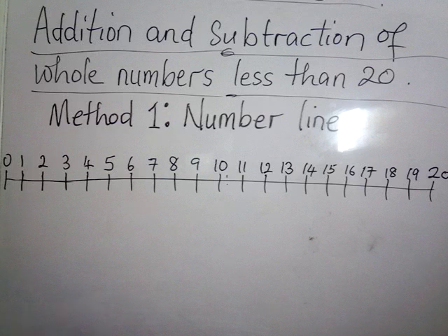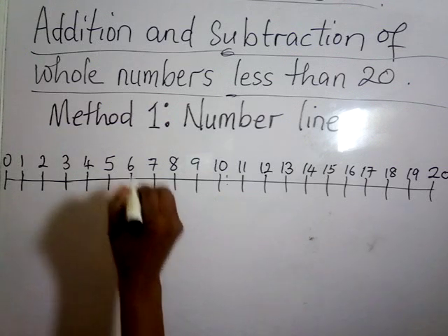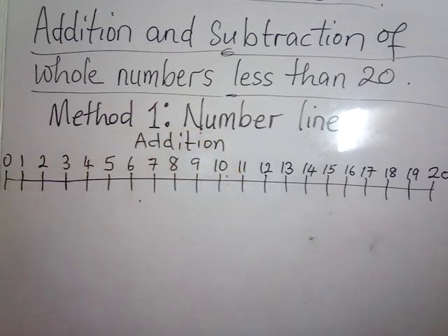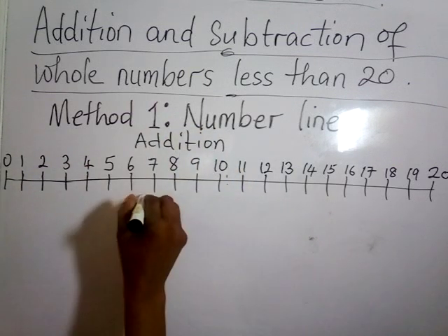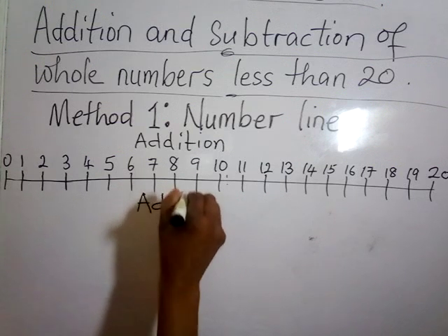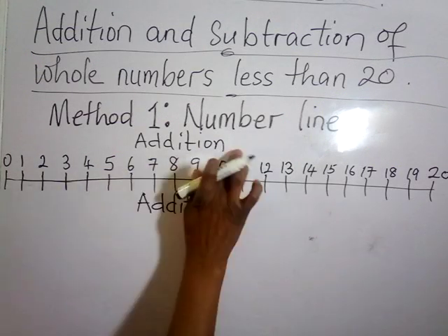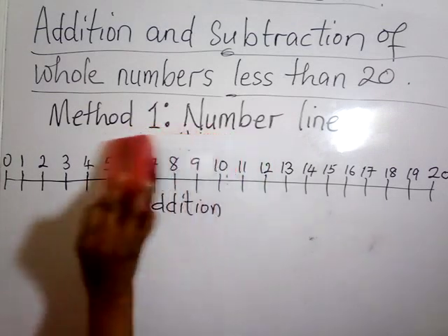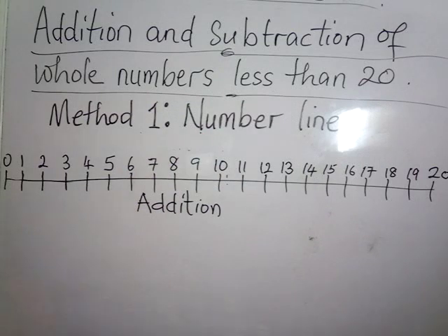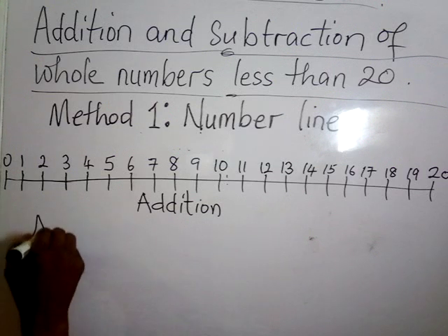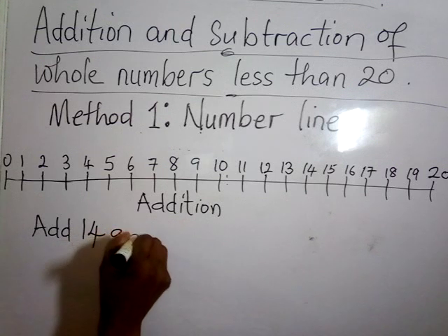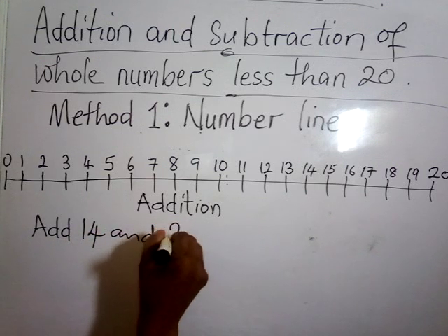So how do you use a number line to add? First of all, for addition, let's see how it works. Assuming we have two numbers, let's say add 14 and 3.